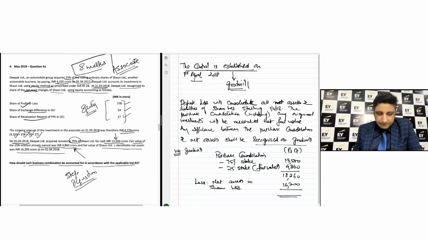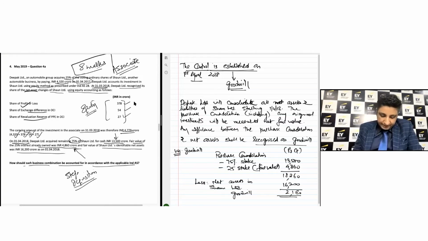Which simply means that my goodwill, I'm paying extra. So this difference will be considered as goodwill and of course reported like that. Now, this is one part of the conversation, right?